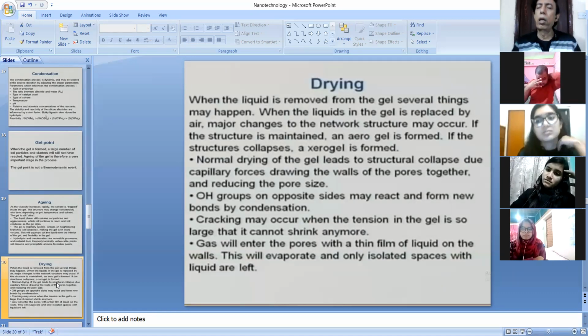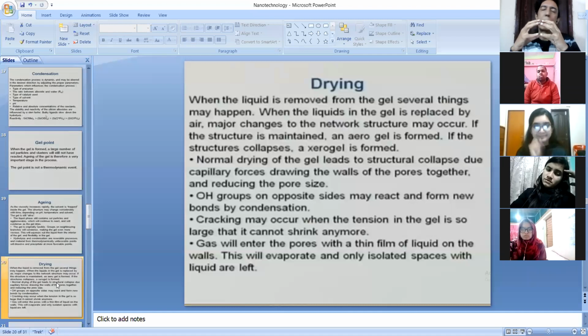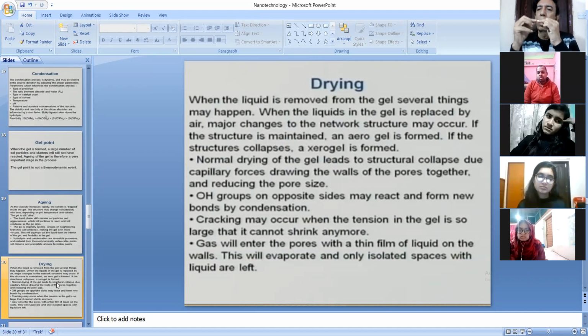In the time of drying, there are some reactions that occur because when it collapses, the molecules come closer together, and some reactions may happen there also. What are the reactions?